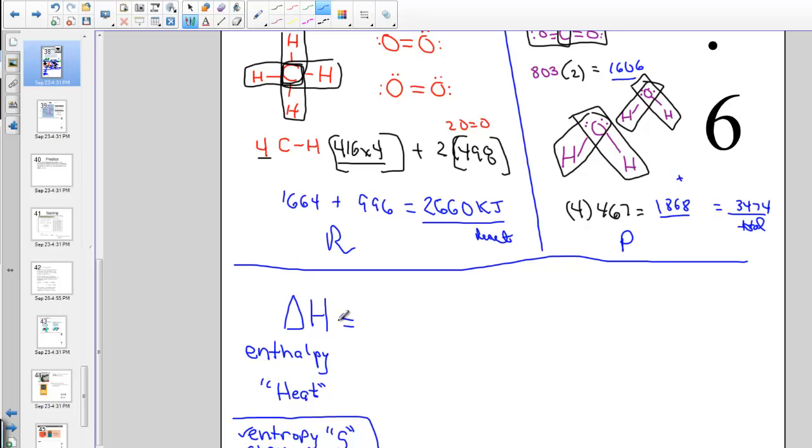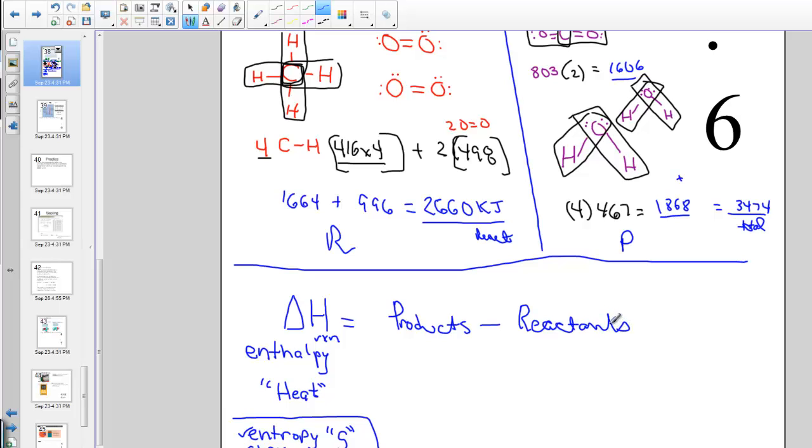What we can do to find the enthalpy of an entire reaction is take the sum of all of the heat content from the products and subtract from it all of the heat content that we found contained in the reactants.